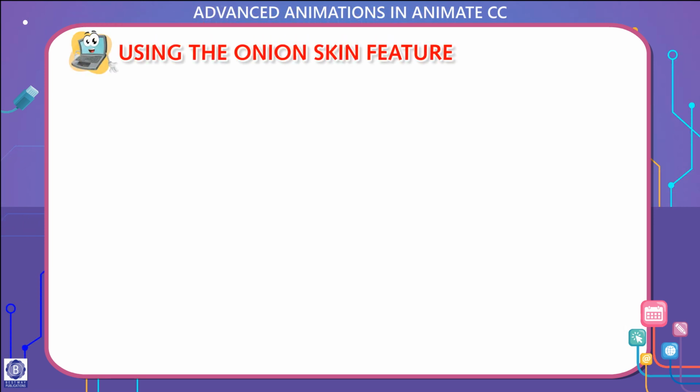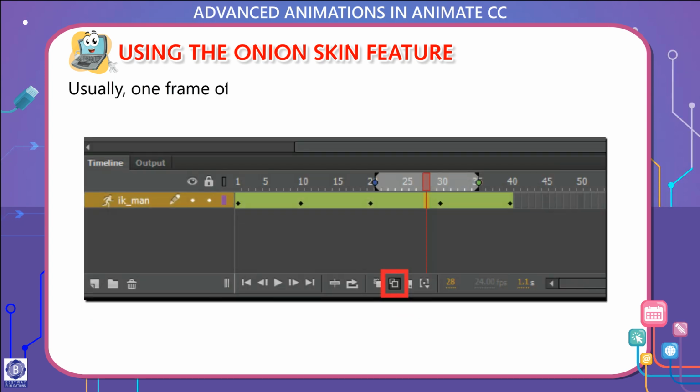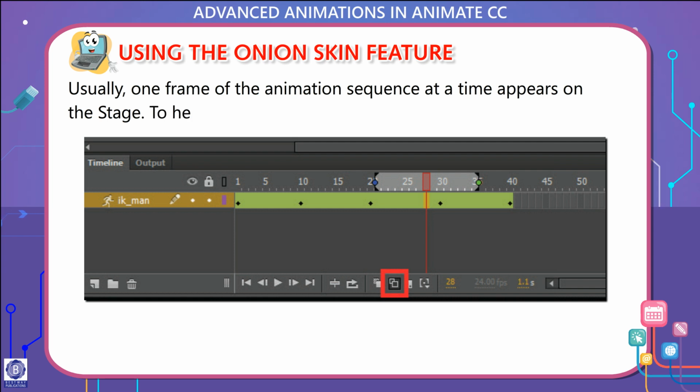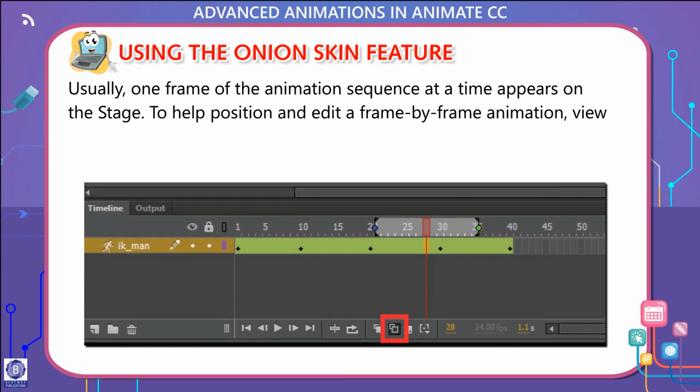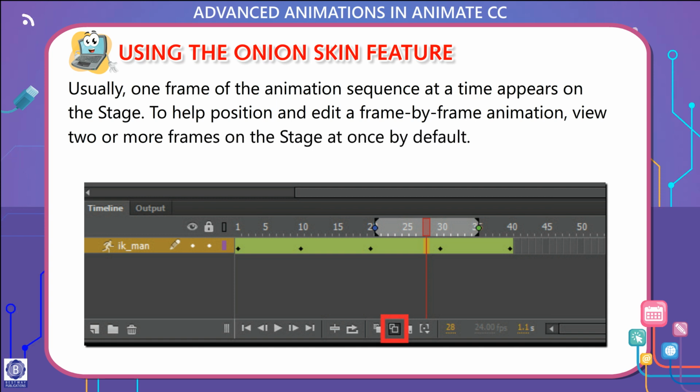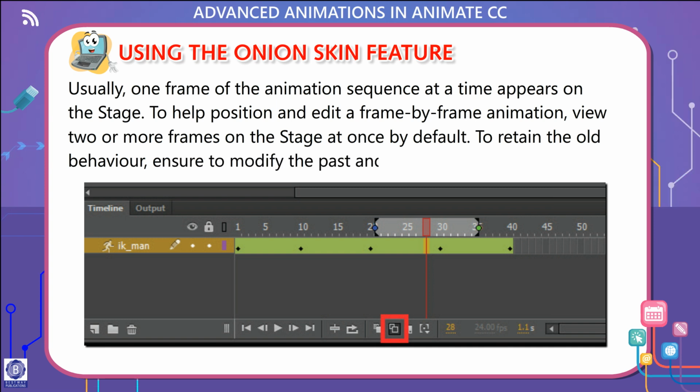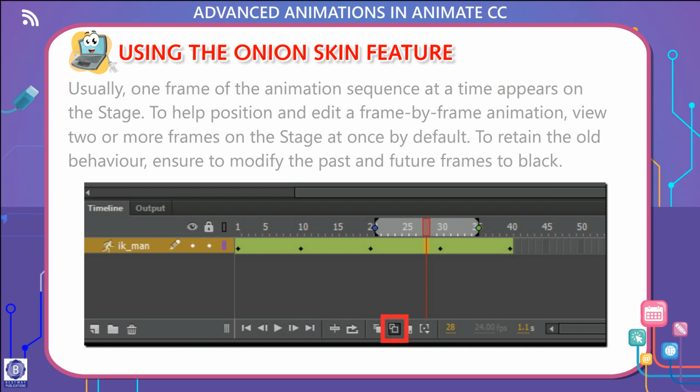Using the onion skin feature, usually one frame of the animation sequence at a time appears on the stage. To help position and edit a frame-by-frame animation, view 2 or more frames on the stage at once by default. To retain the old behavior, ensure to modify the past and future frames to black.